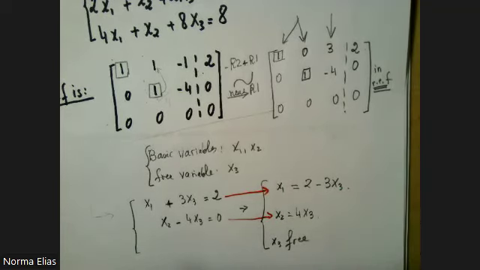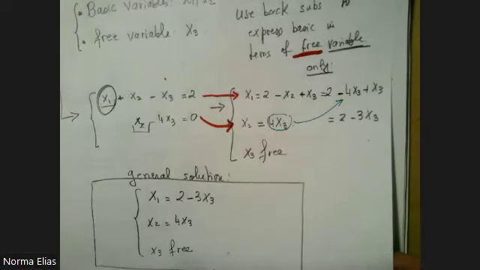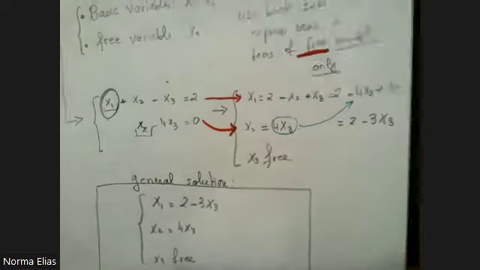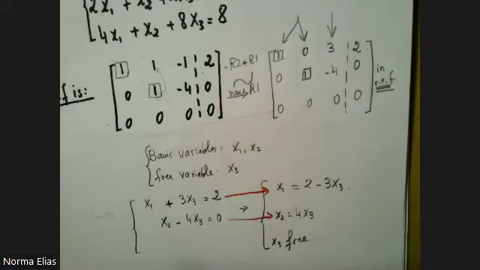So what do you think is the benefit from stopping at the reduced echelon form? So this is the reduced echelon form, and this is the echelon form. What do you think the benefit is?